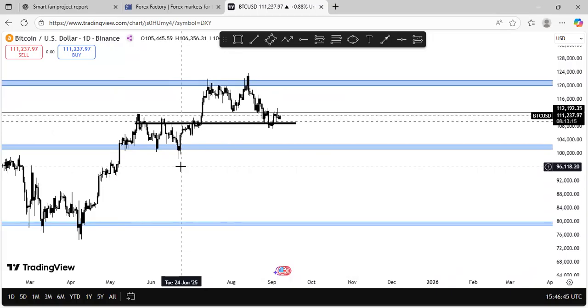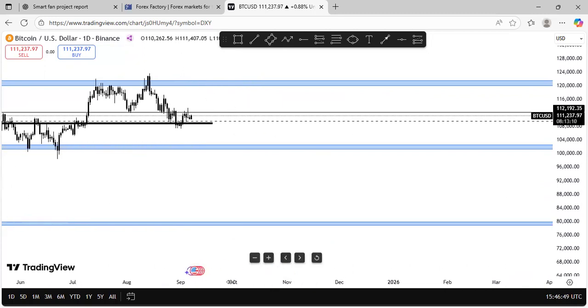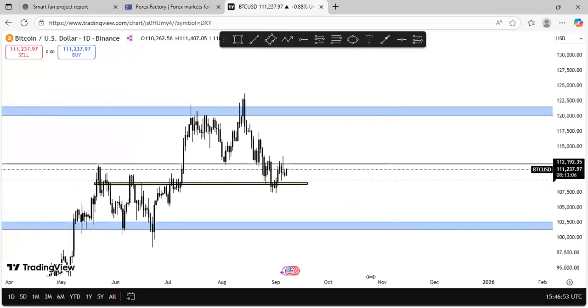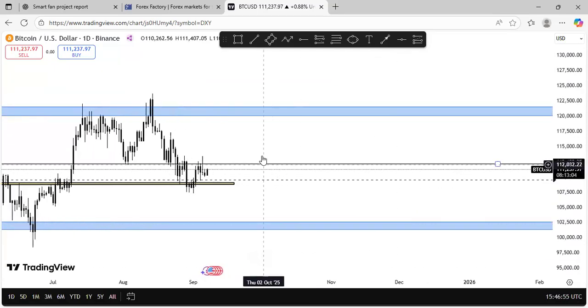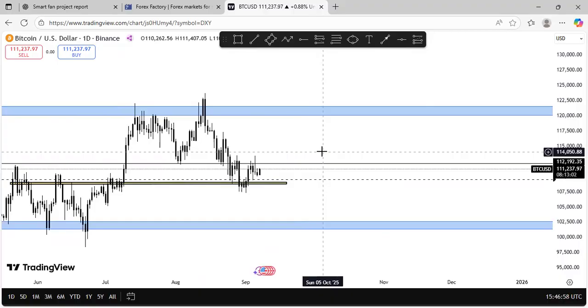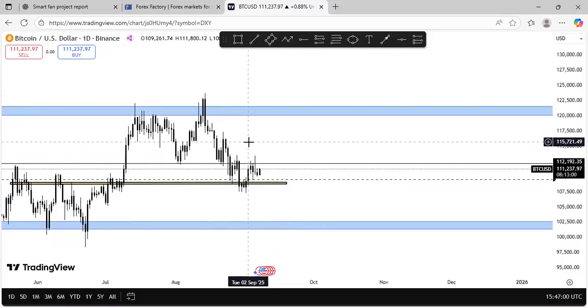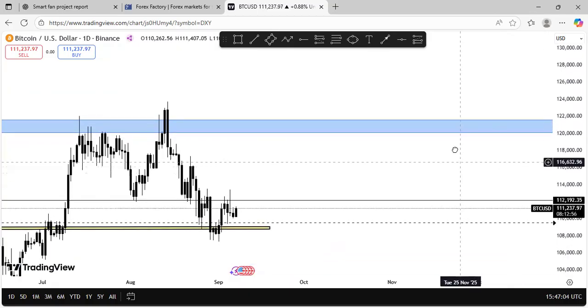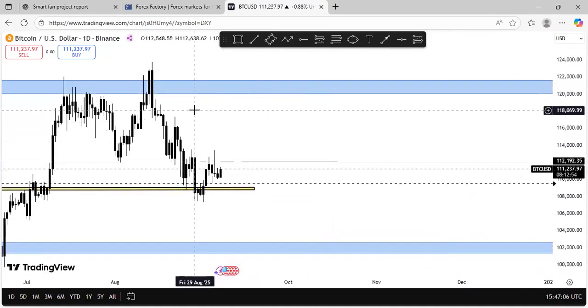On the daily time frame, we see something different. This is the immediate time frame for BTC.